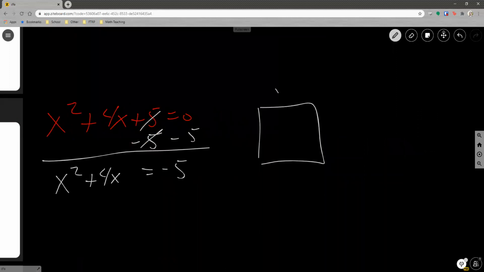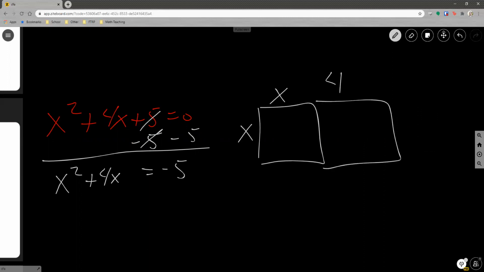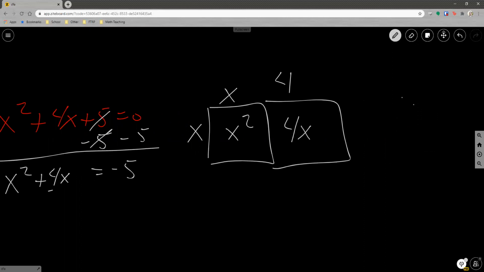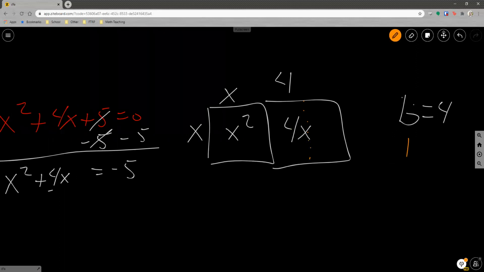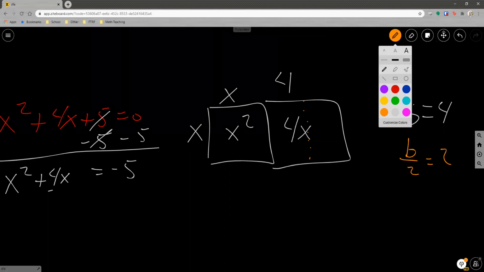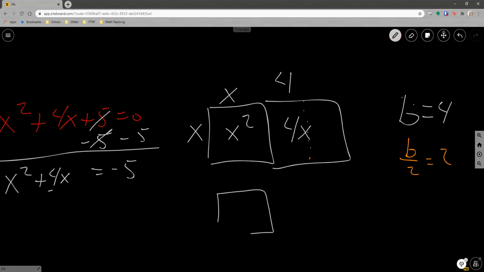Again, if I wanted to visualize it, I've currently got this. So my goal is to find my b value. My b value is 4. I'm going to divide b by 2. I'm going to have b divided by 2 equals 2. So I redraw this schematic for this diagram.